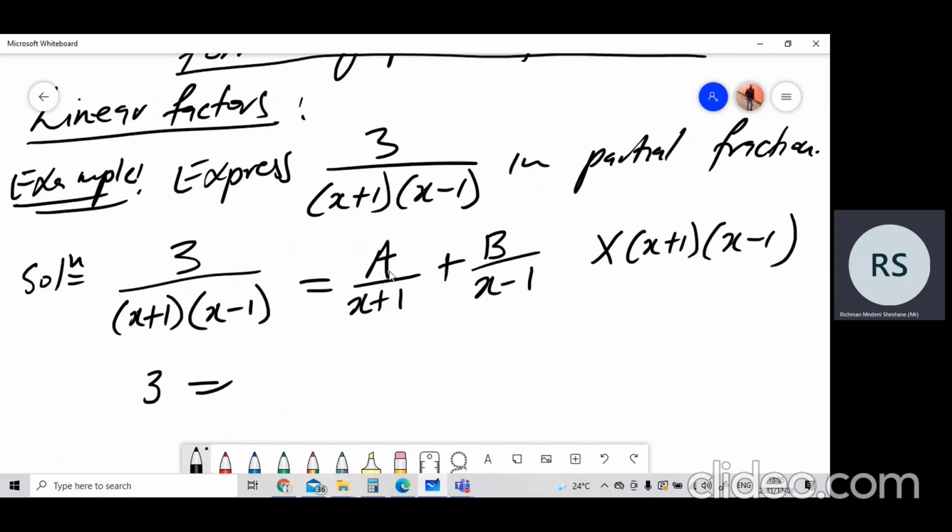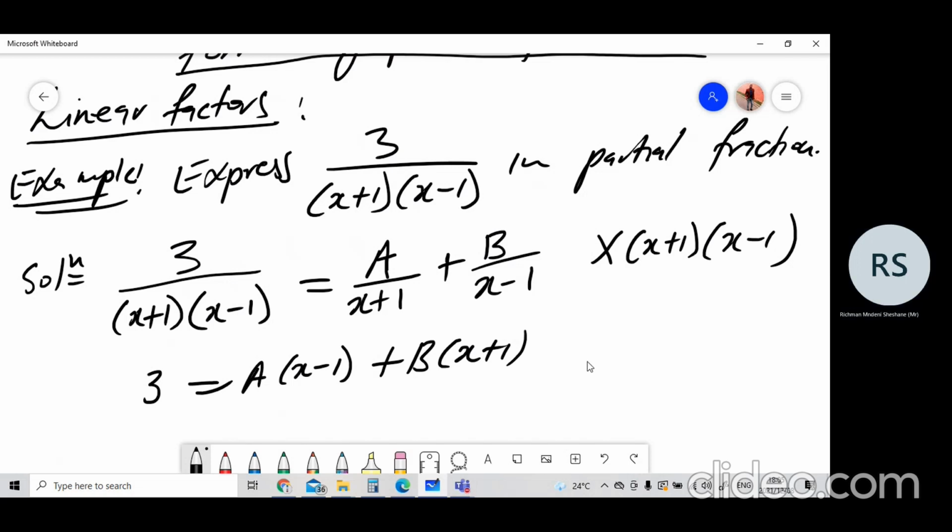In the first term, A over x plus 1 multiplied by this, x plus 1 cancels with x plus 1, and you're left with A times x minus 1. Multiplying into the second term, x minus 1 cancels with x minus 1, and you're left with B times x plus 1.